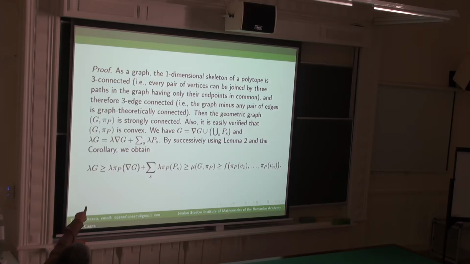So lambda G, the length of G, is the length of nabla G plus the sum of all these. And now we just use what we got before. And we have lambda G at least this, because of that. And this is at least that, which is at least that. This we did before. So now we have a connection between the length of G and this function f.